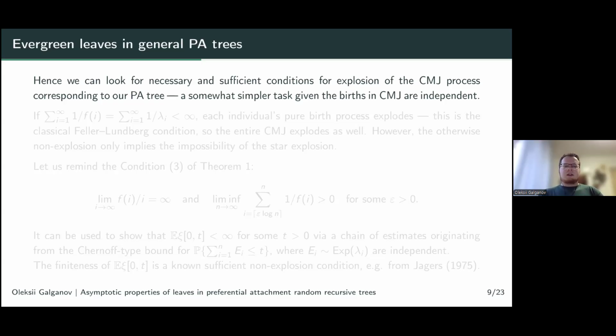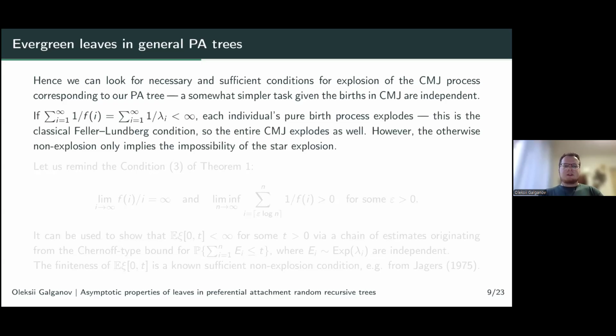So this first condition, the convergence of the series of 1 over lambda e, means that each individual birth process explodes, which is just the classic explosion condition for a pure birth process. And in this case, obviously, if every single pure birth process explodes, which is the birth process of every individual, then the entire CMJ explodes as well.